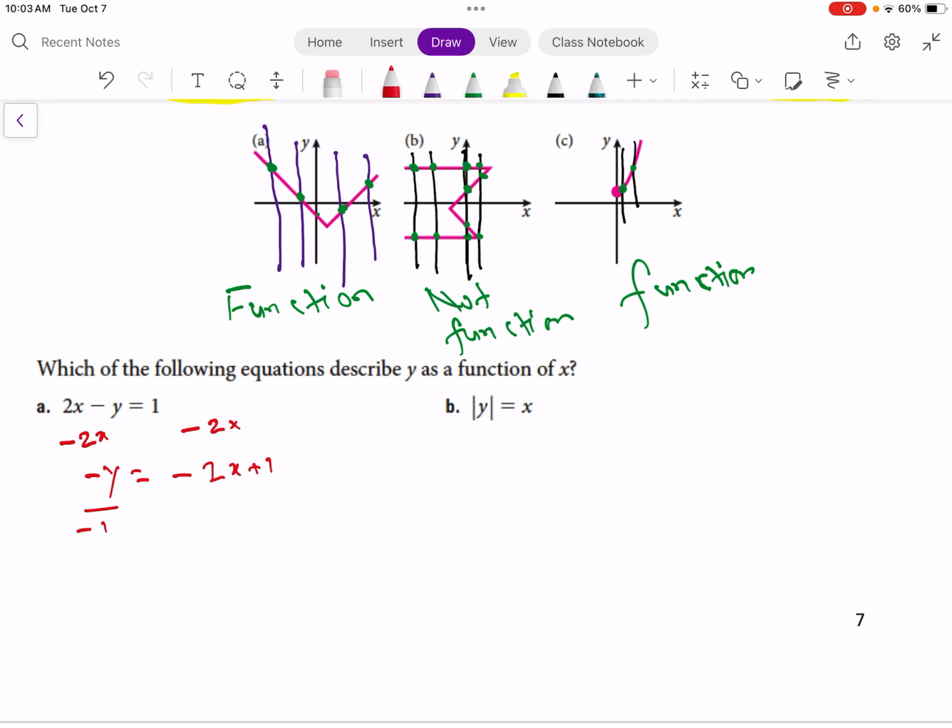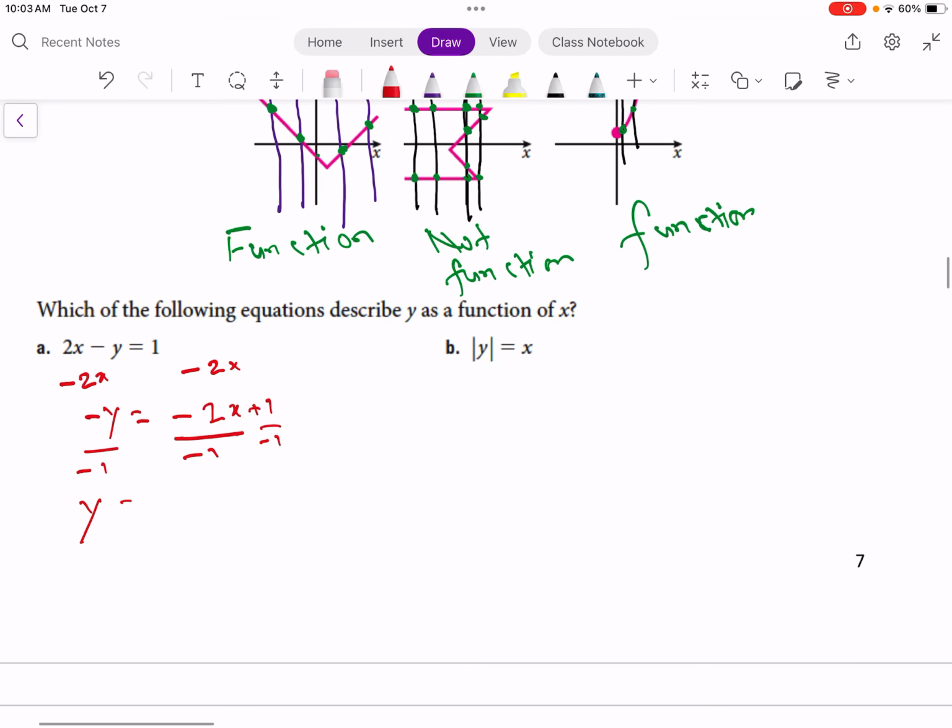Let's divide each term by negative 1, and we have y equals positive 2x minus 1. Now we have this equation, and this is the same as the original equation, and we want to know whether this equation describes a function of x or not.